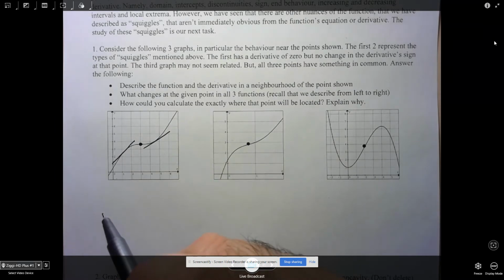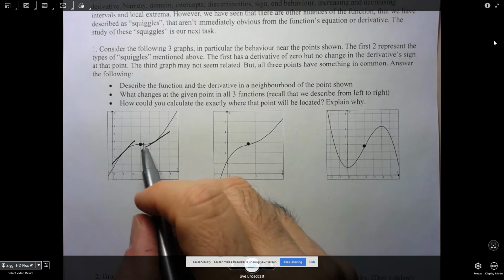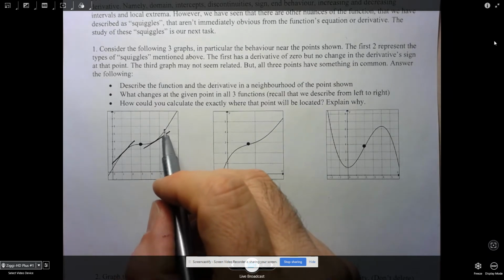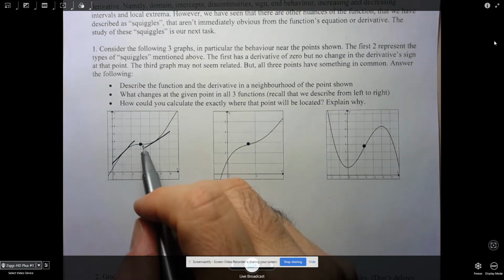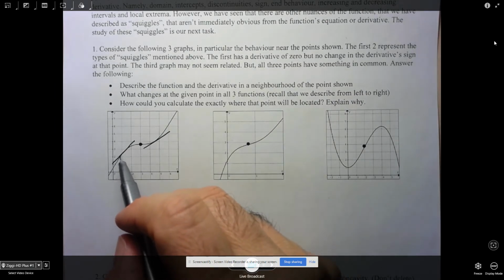You may notice that on the right-hand side, all the points on the curve lie above the tangent, whereas here, all the points on the curve lie below the tangent.